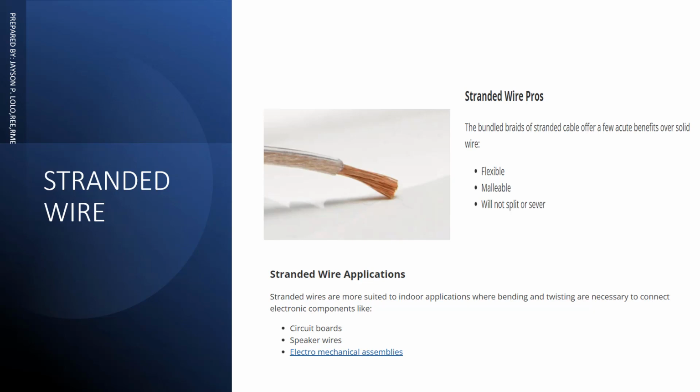They are better suited for indoor use on circuit boards, speaker wires, and electronic devices, where bending and twisting are necessary to connect electronic components. For example, an ideal application of stranded wire is in a car door where frequent bending will occur. That is the best example.